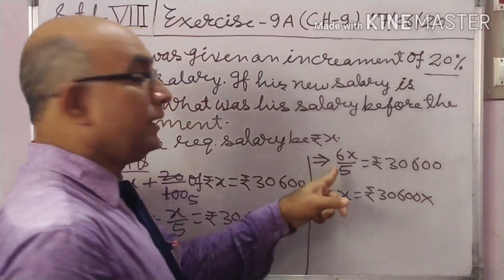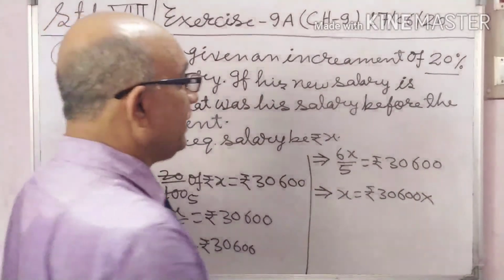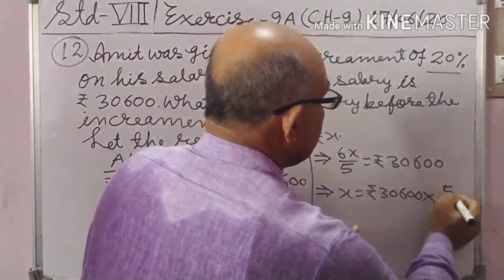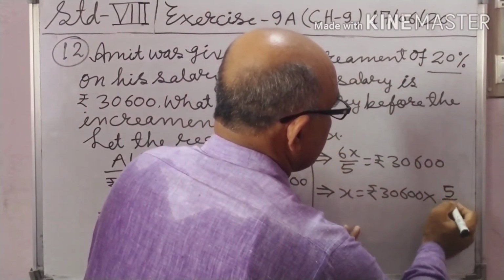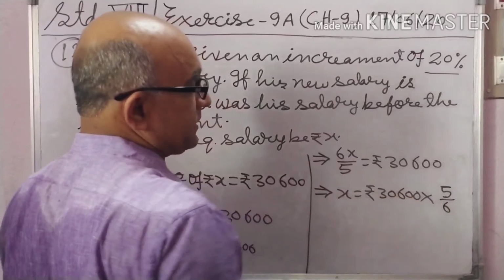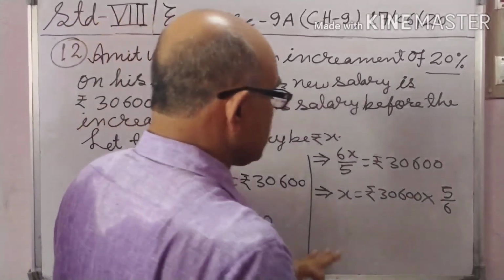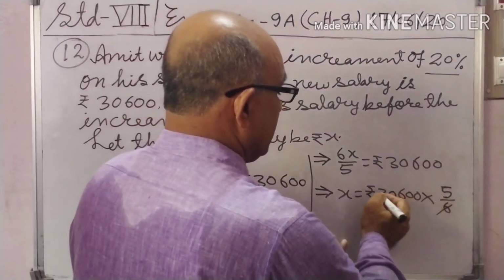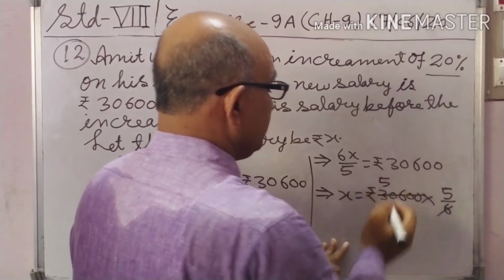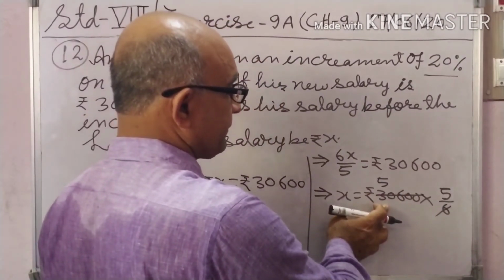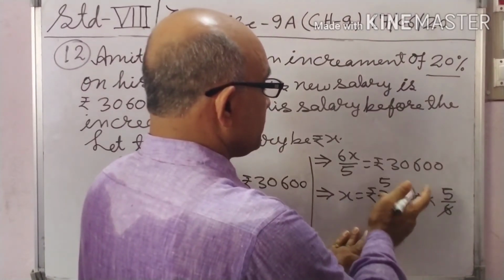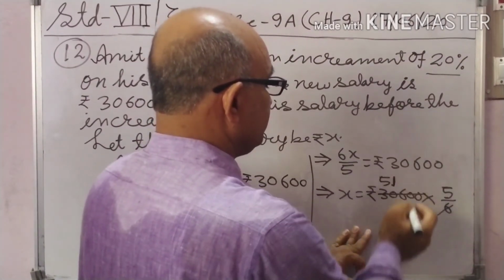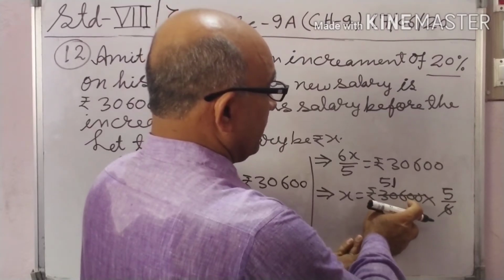30,600 multiply 6 by 5, by transposition 5 by 6 changes into 6 by 5. 6 plus 3, 9. It is divisible by 6. So cancel it. 6 5s are 30. Now 0. 6 6. So 6 1s are 6. One time. Now double 0.